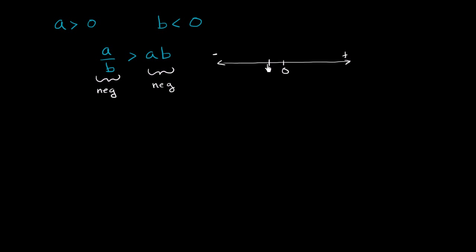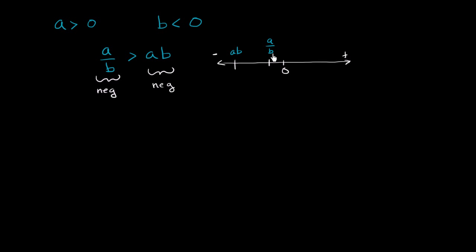We know that a over b has to be negative, so it has to be to the left of 0. A over b is going to be to the right of a times b. One way to think about it is they're both negative, but a over b is less negative.